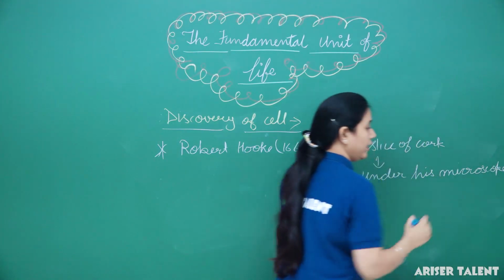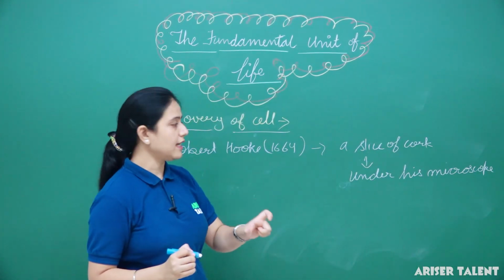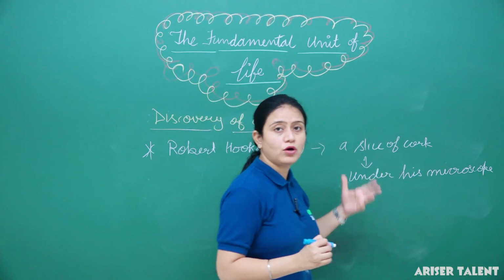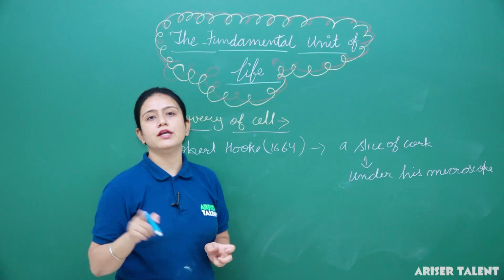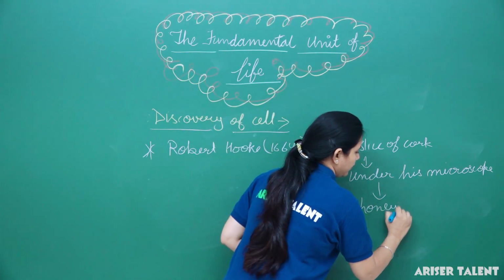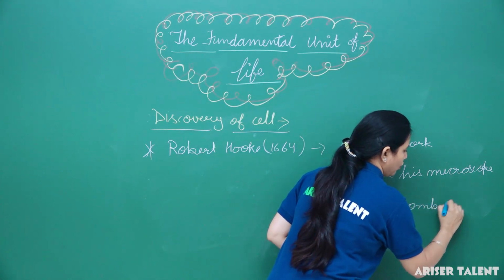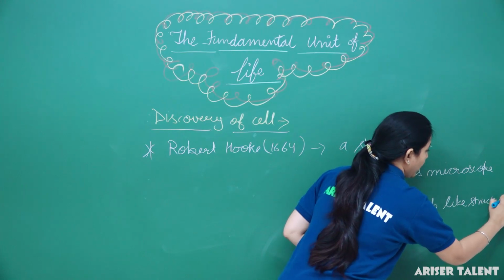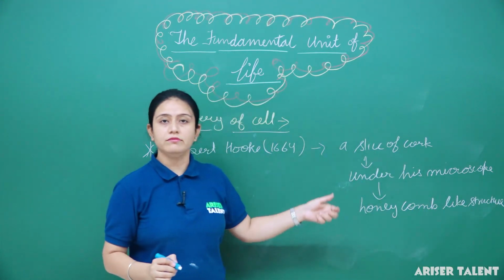And what did he find when he examined a cork slice under his microscope? He found a honeycomb-like structure. And then he gave the name cellula.